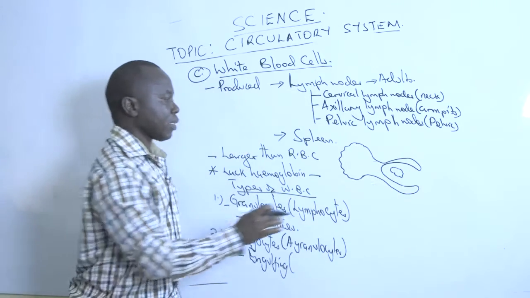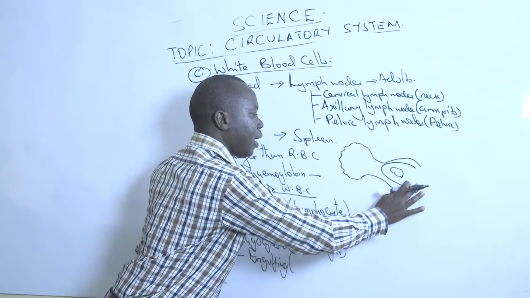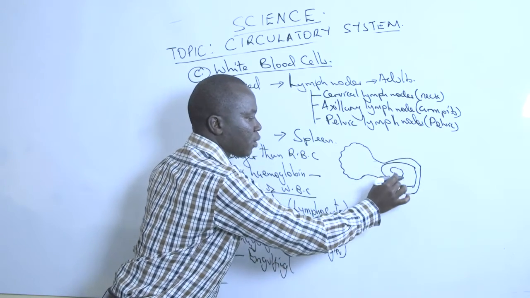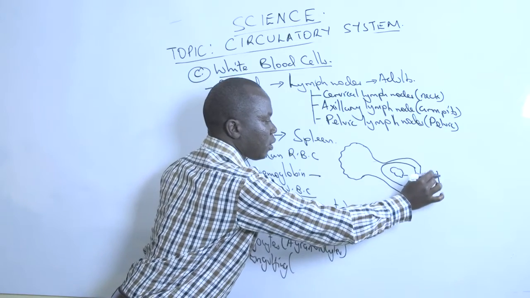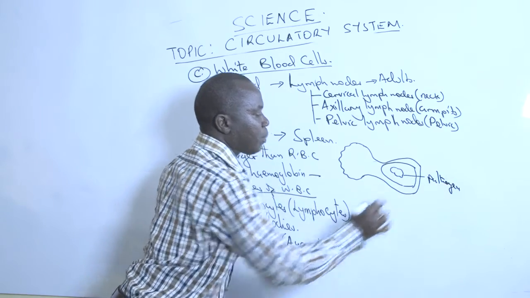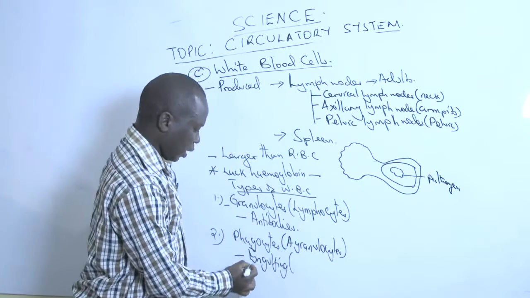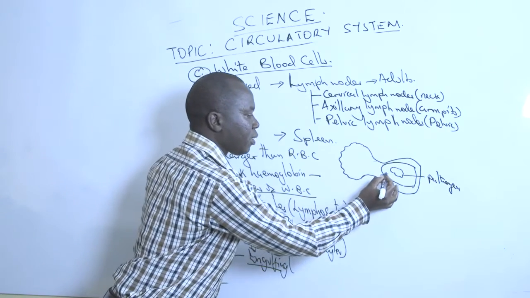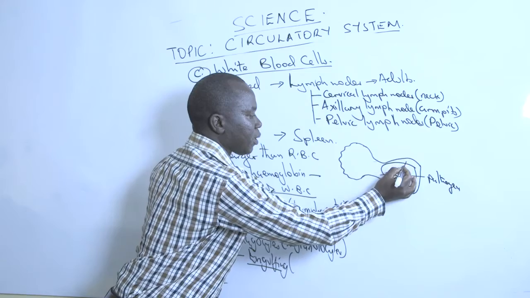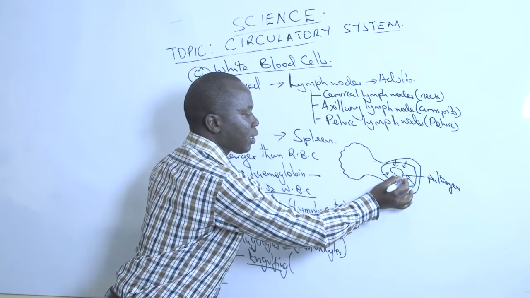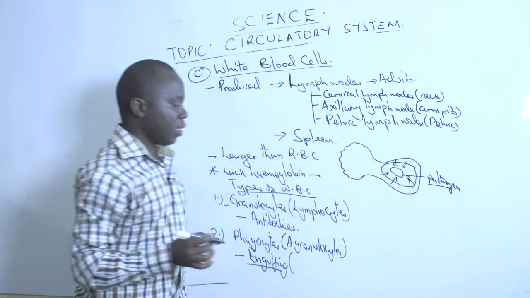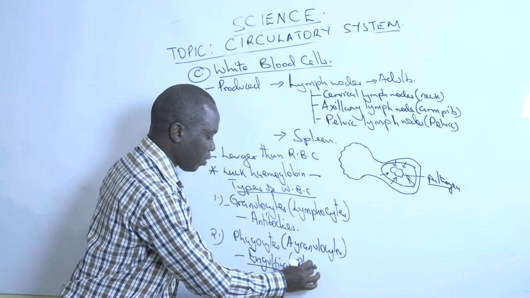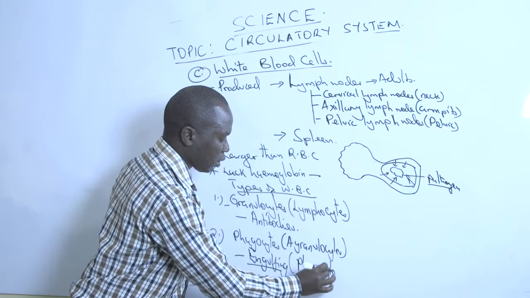When the cell membrane is extended, it will extend until it encloses the pathogen. When the pathogen is enclosed, we say it has been engulfed. And after being engulfed, it will release some enzymes that will destroy the pathogen. That process is called phagocytosis.